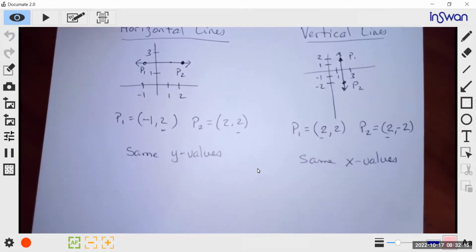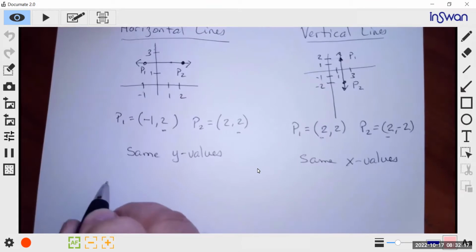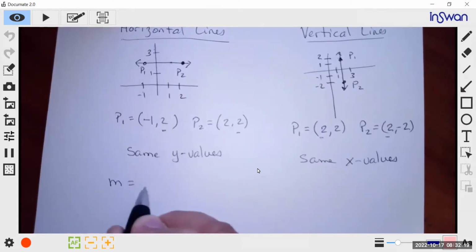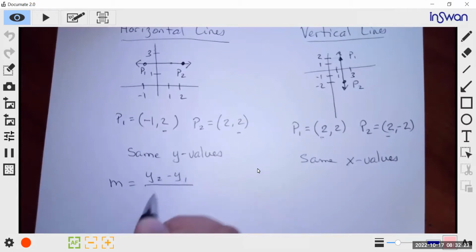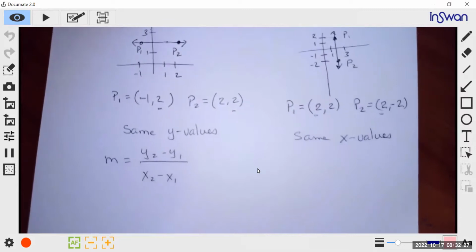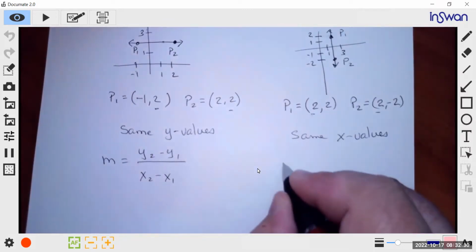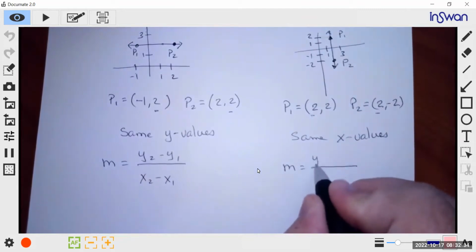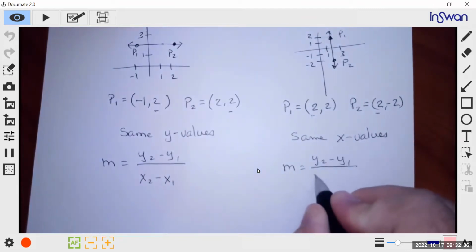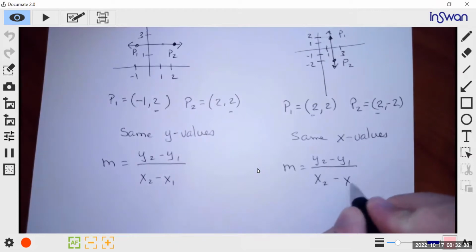Okay, let's pretend we don't see that. Let's look at the slopes. y2 minus y1 over x2 minus x1. And the same thing for the vertical slope. y2 minus y1 over x2 minus x1.